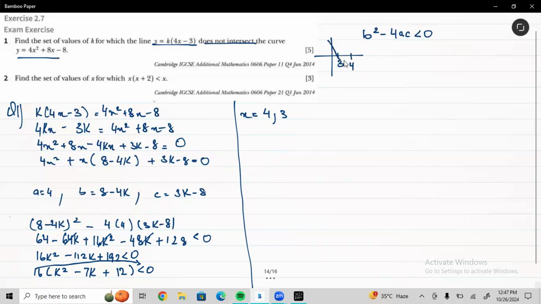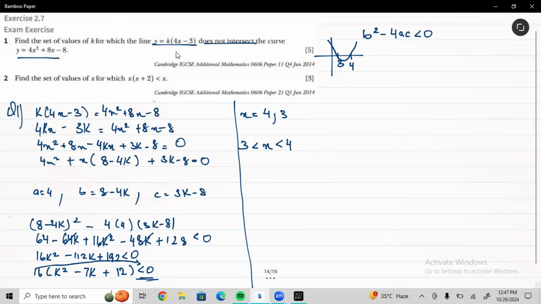We have two intersection points of a curve, and what they're asking for are the values which are less than 0 for this curve. So we are going to say that x is going to be greater than 3 but less than 4, and that's going to be our answer.